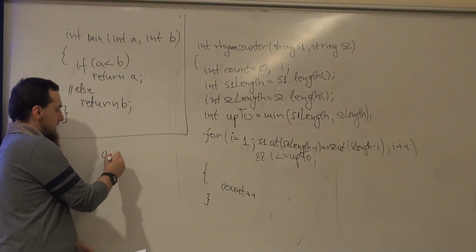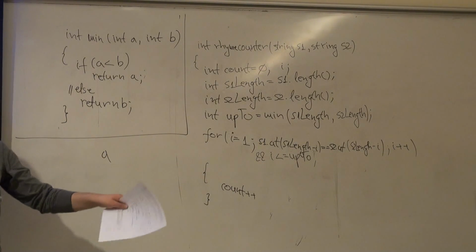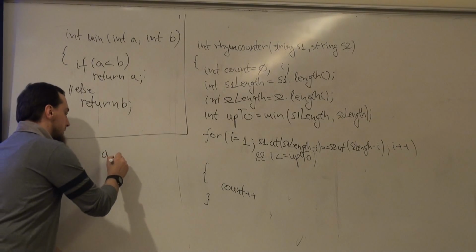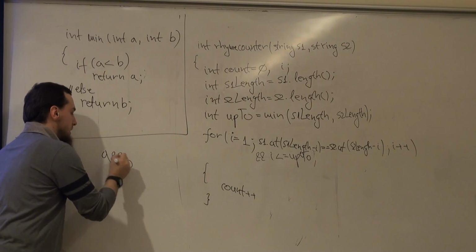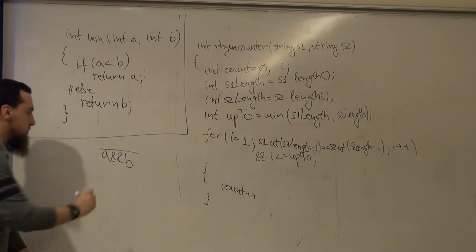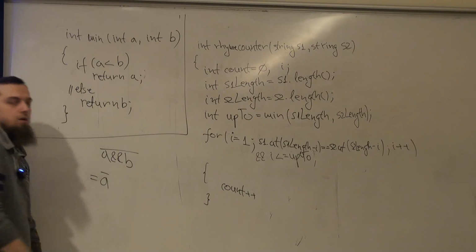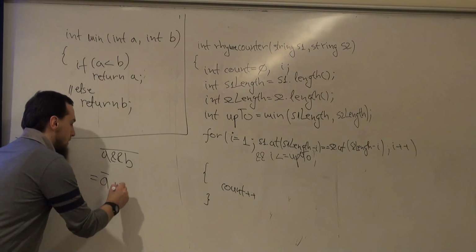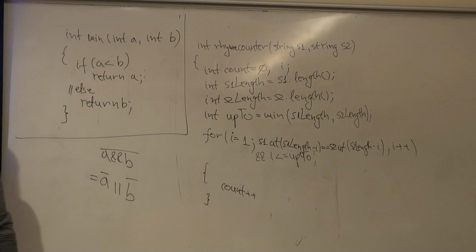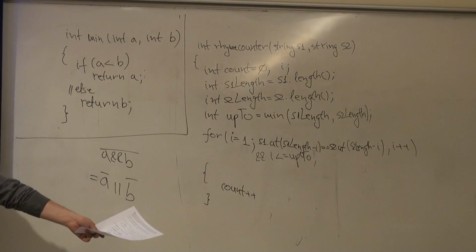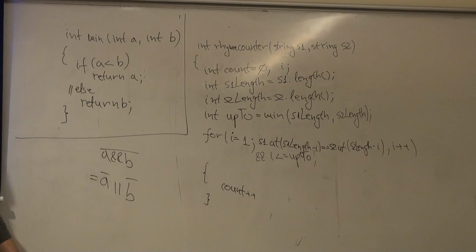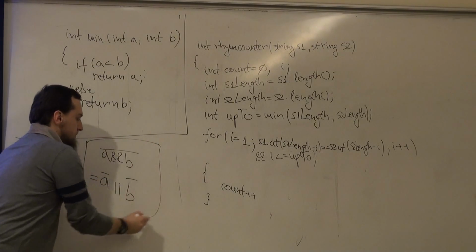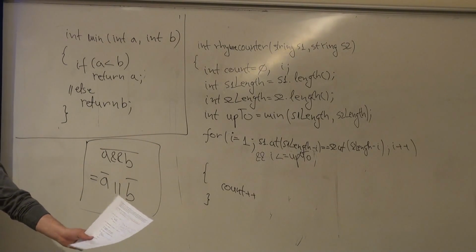Basically, A. Do you remember how we wrote the and? Okay, let me write it. So A and B. The opposite of this can be written as the opposite of A or the opposite of B. Now this is what I said to you, if you remember it. This is Boolean algebra. You're going to see this stuff in logical design.